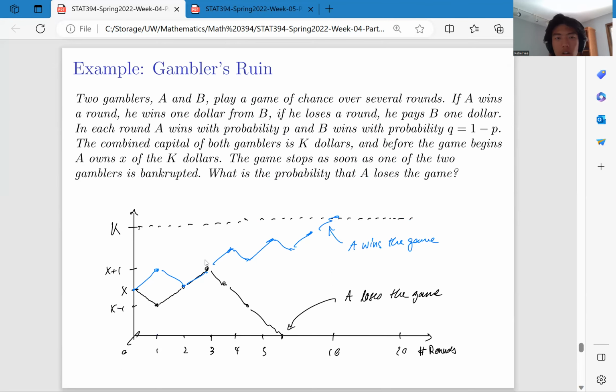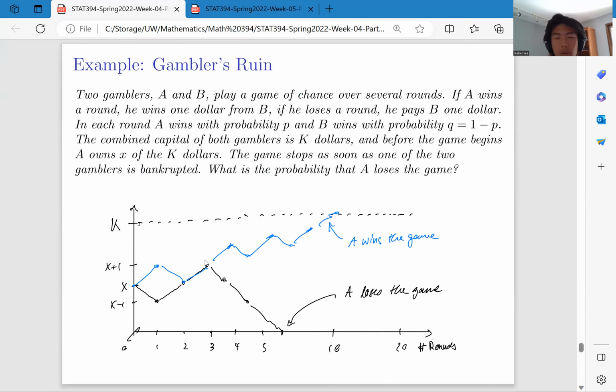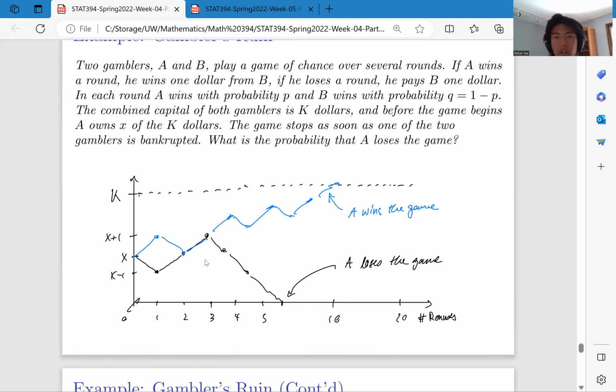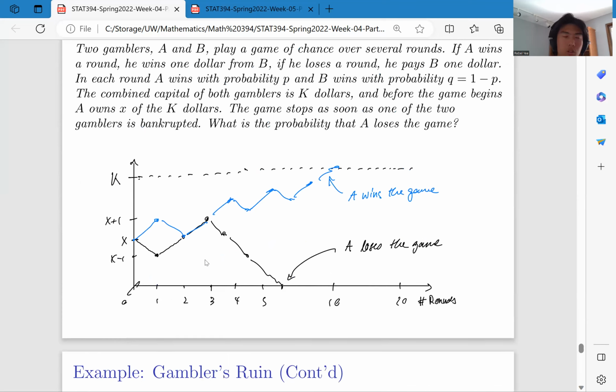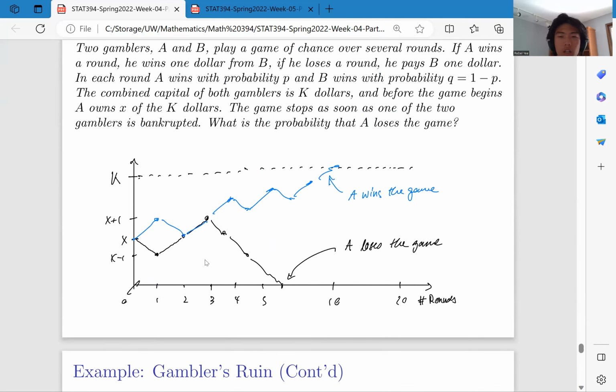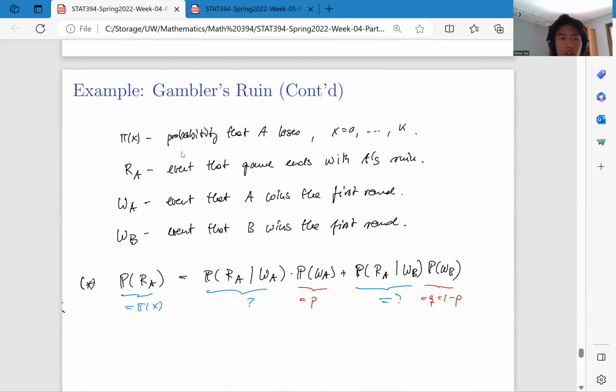Okay, now that we are familiar with the problem structure, we will use conditional probability to help us solve it. It seems like a very hard problem at first, but we can define some terms. We can say π(x), or if you are more familiar, P(x) or f(x), is a probability function.